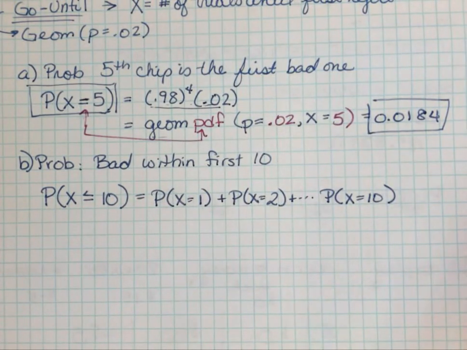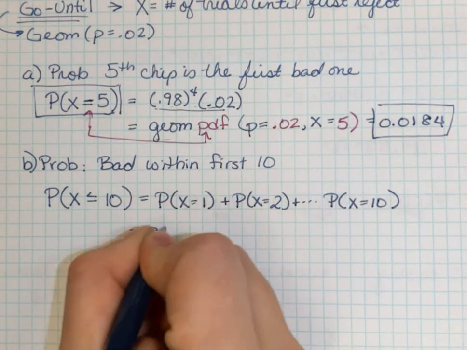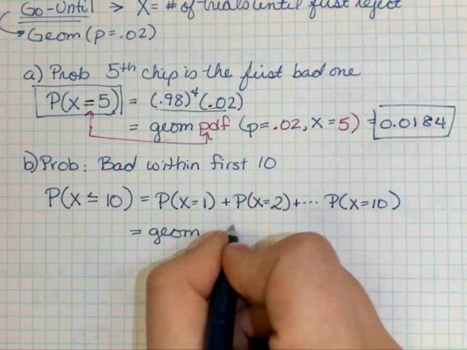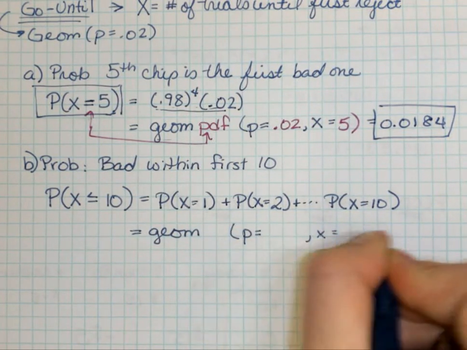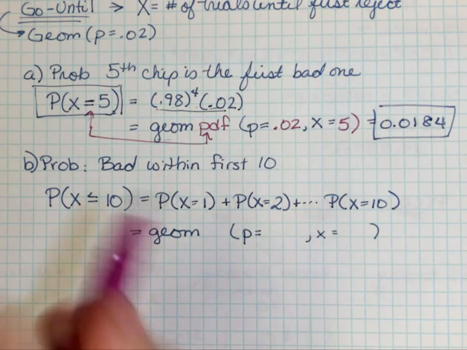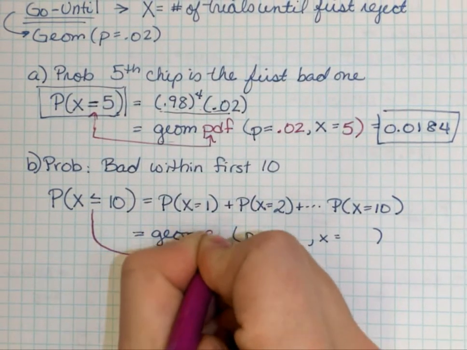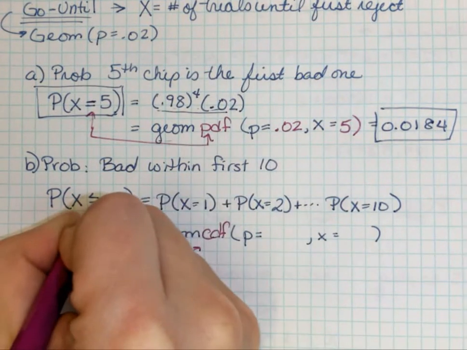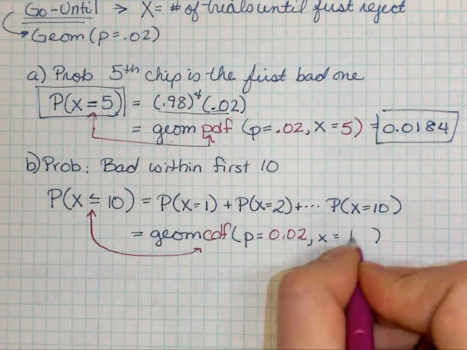So what we do, because we're still doing geometric, so I'm still going to use geometric, and it's still going to be P equals and X equals, but because this has a range, this is going to be CDF. P is still 0.02. X is the 10.